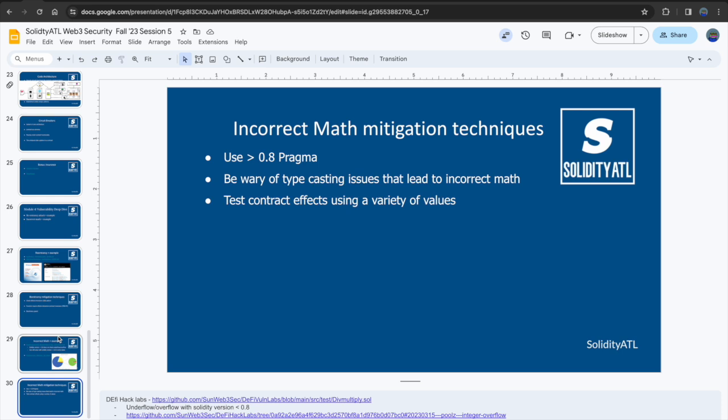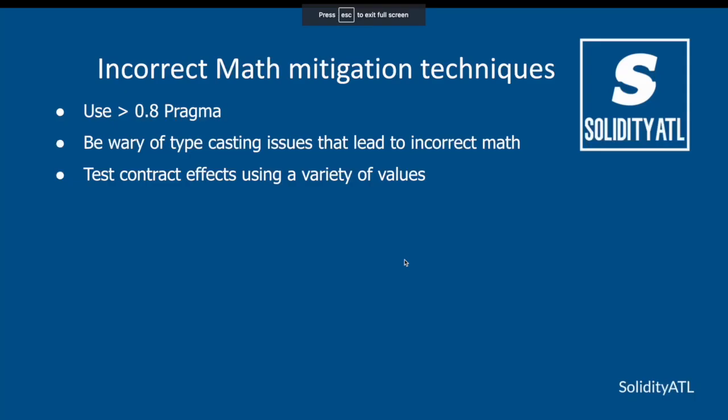But pragma 0.8.0 saved the day, so we don't really have to worry about that. I still included it here because we wanted you to understand what overflows and underflows are. You will see this not only in Solidity smart contracts, but these overflows and underflows also happen with smart contracts on different chains.